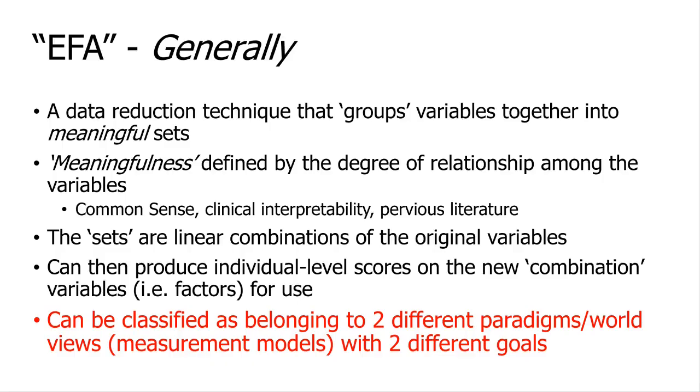And factor analysis in general can be thought of as belonging to two different paradigms, or two different approaches to measurement, or two different measurement models that are quite different and have two different goals.